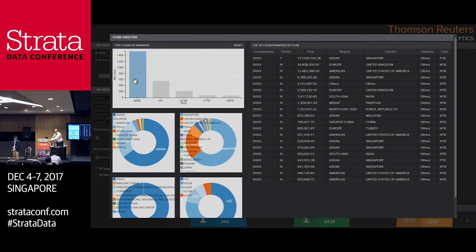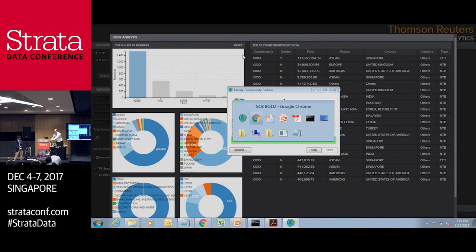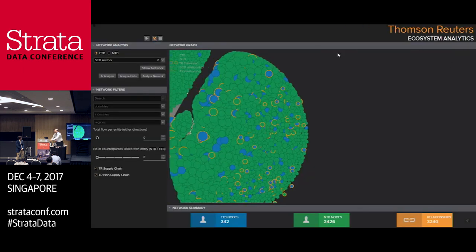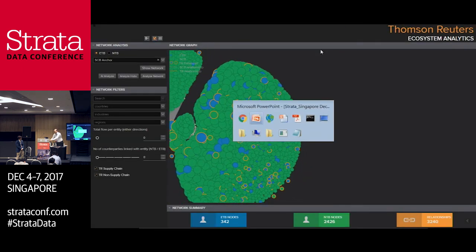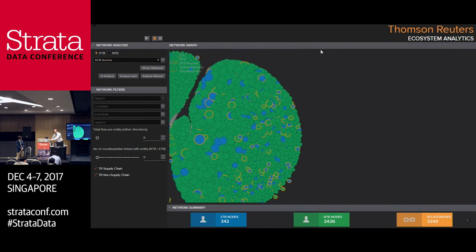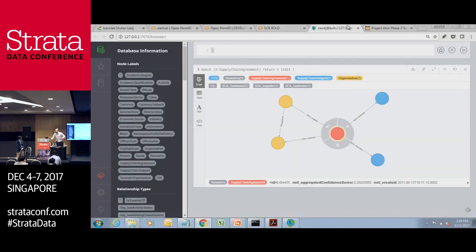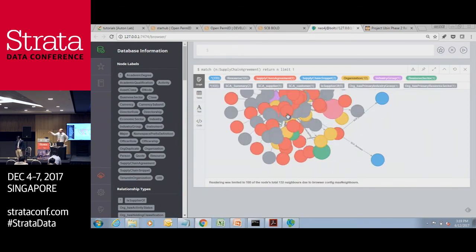Absolutely. I'll show one specific example to illustrate what you're saying. In this graph, this is a mess. Even with a simple open source data set that is available, if I just click on this organization, the amount of links it will throw up is gigantic.